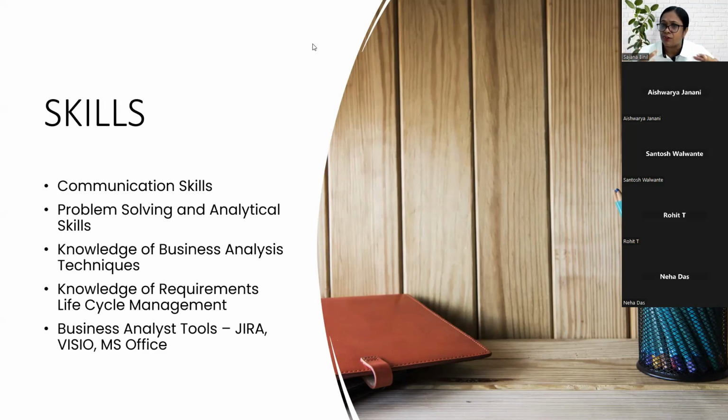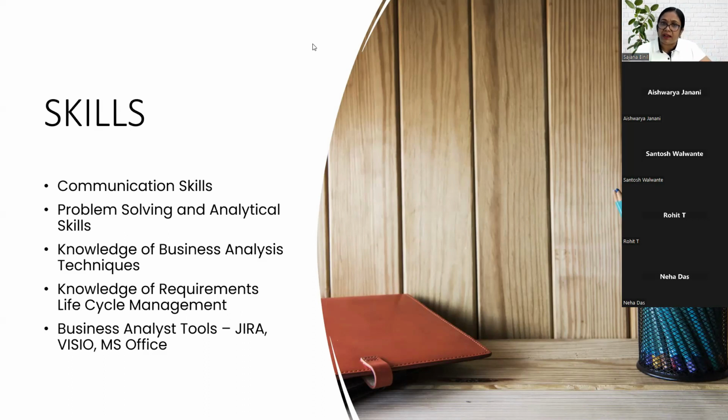Of course, you're not going to apply all the 50 techniques in your project, isn't it? We have to pick and choose those techniques which will work for your project. So that's what knowledge of business analysis techniques is. And knowledge of requirements tells you how to handle requirements in software projects. Okay, so these are the skills that you should have.